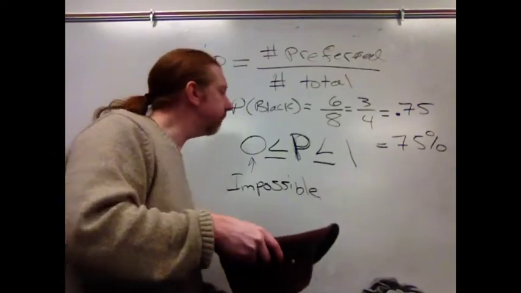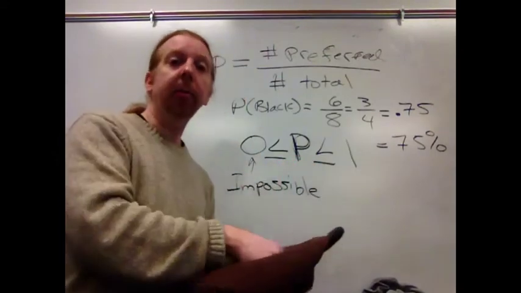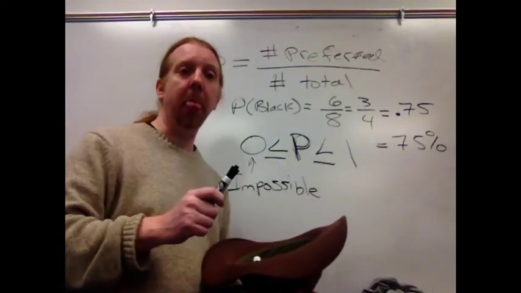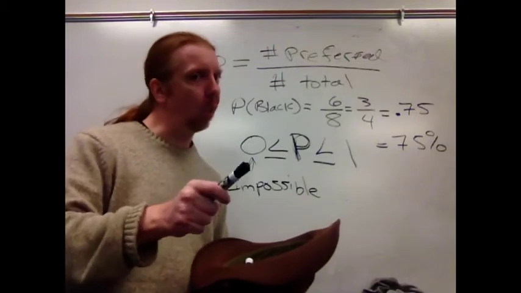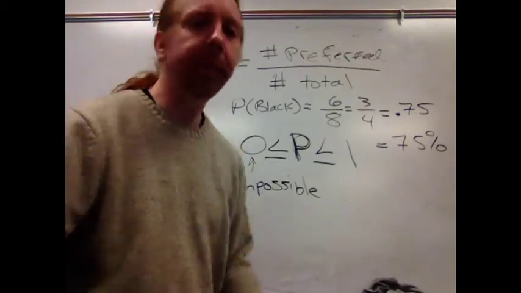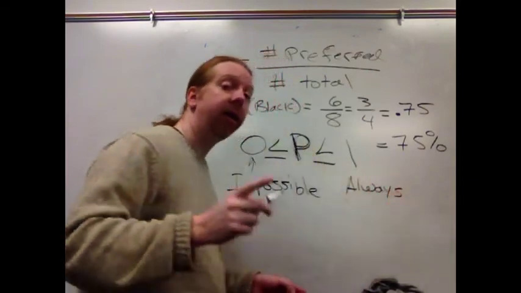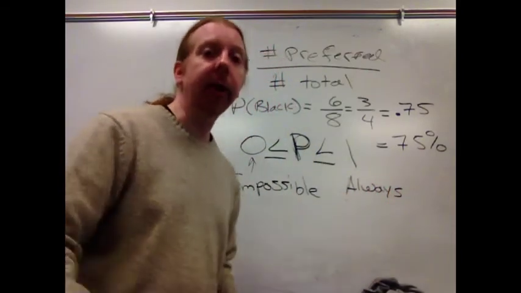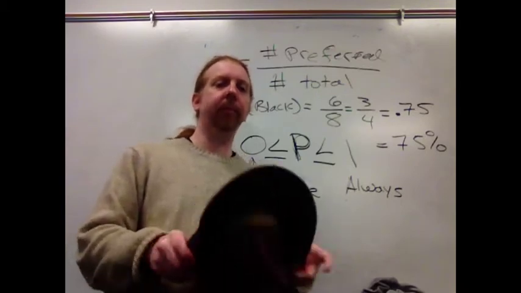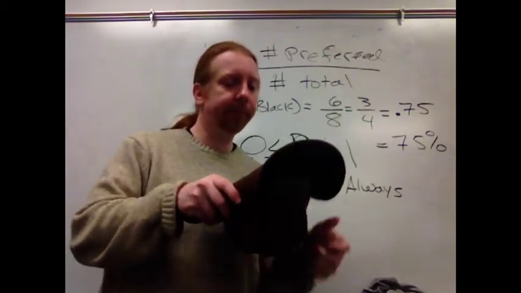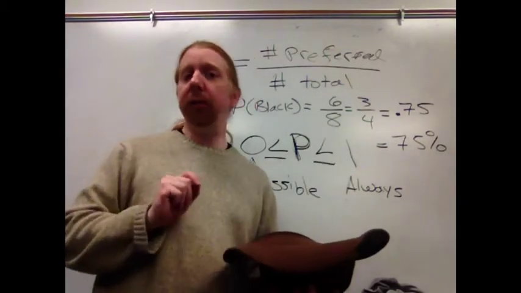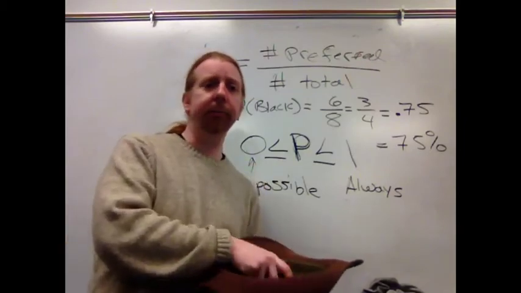On the other side, 1 indicates a probability that an event always happens. So, it's guaranteed to happen. Again, to my hat. What is the probability that I will pull a marker?